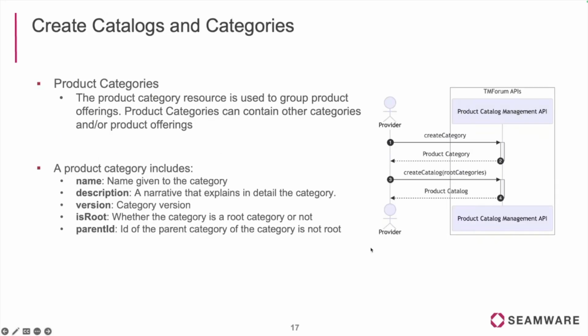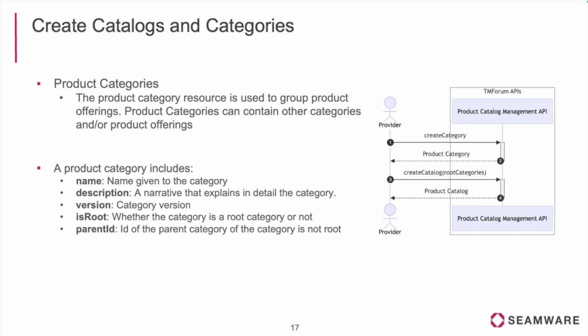Okay, with this in mind, the first thing that we need to start to create are catalogs and categories. A product category is basically an object that is used in order to group the product offerings, so you can then use the category filter in order to search for the different offers, etc. The product categories can contain other categories because they are defined like a tree.